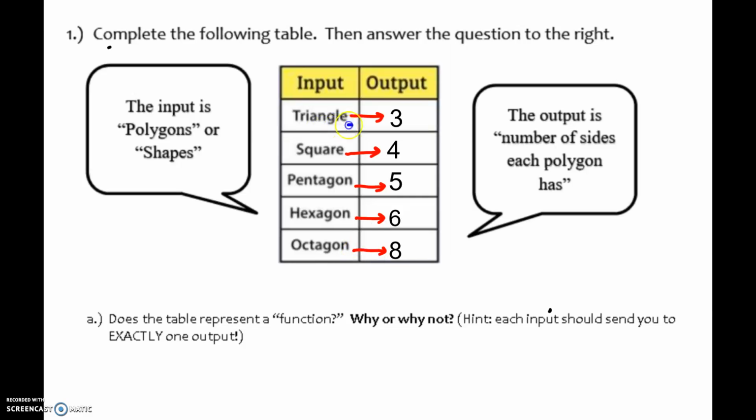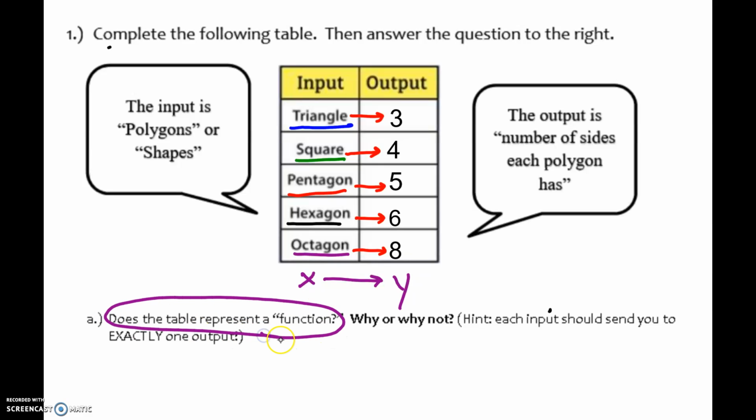Notice how each input that we have gets sent to only one output. So the X does not get sent to two different locations. Each X gets sent to only one Y. So that is how we know that this actually does represent a function.